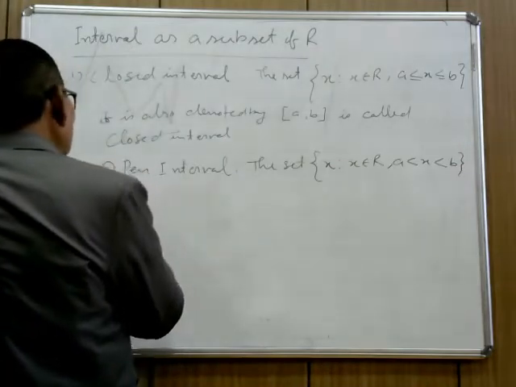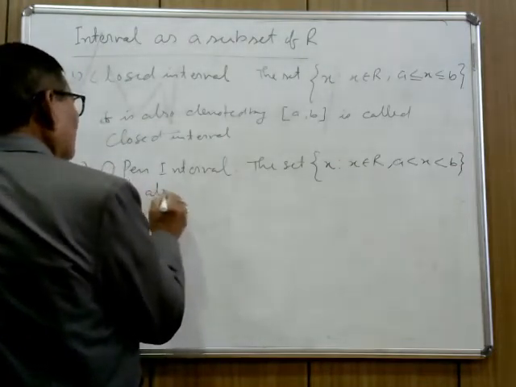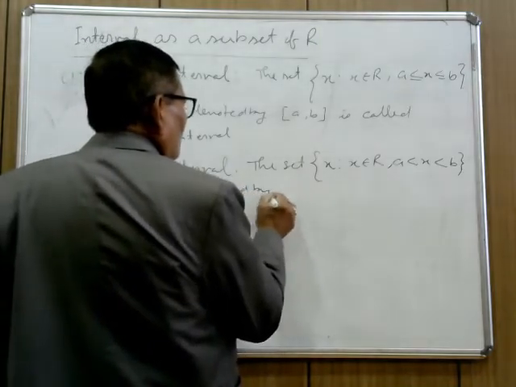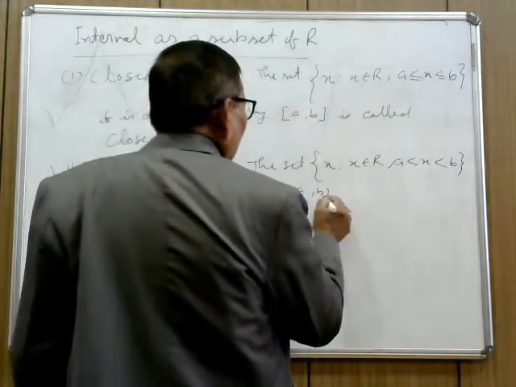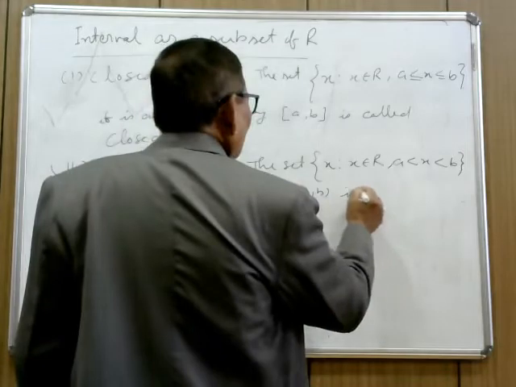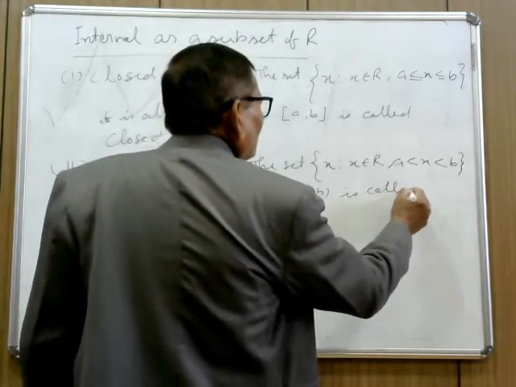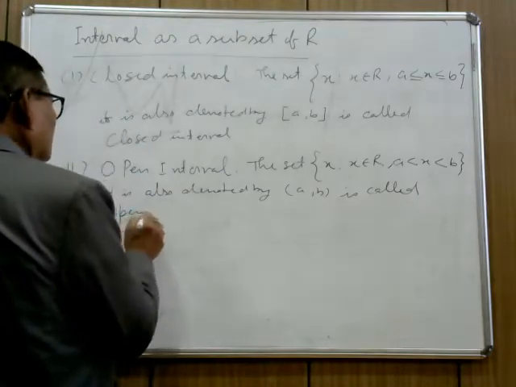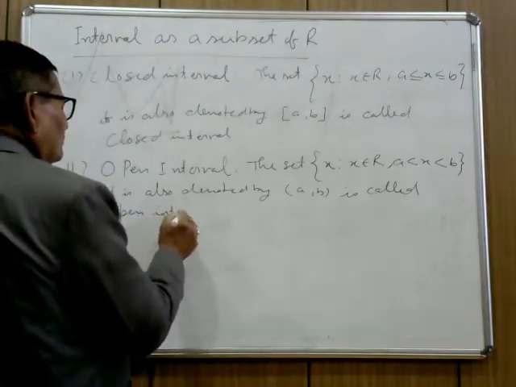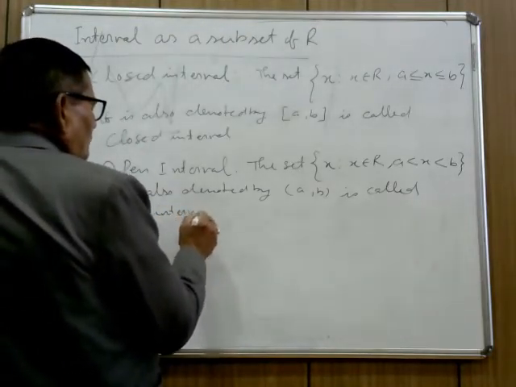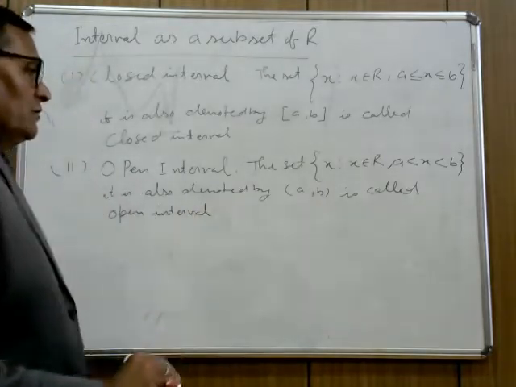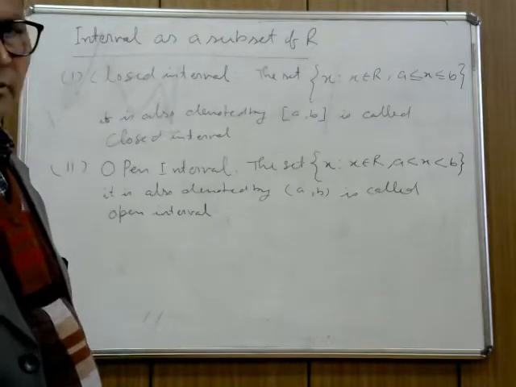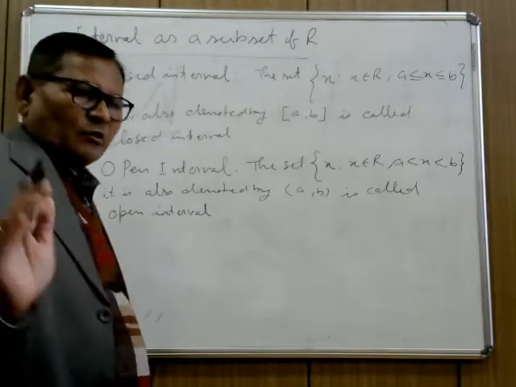It is also denoted by (a, b), and is called open interval. It includes all the real values between a and b, but not a and b, meaning excluding a and b.